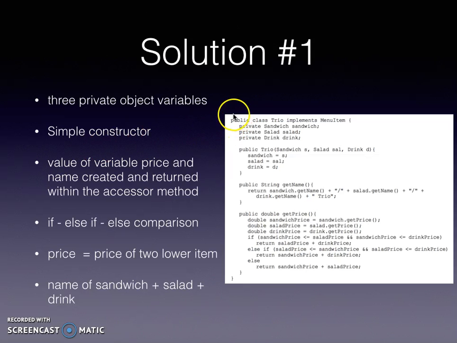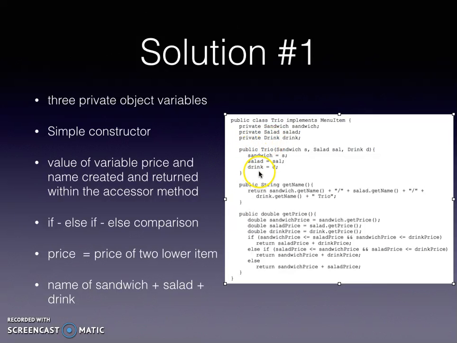The first line of code is given as public class Trio implements MenuItem, the interface name, and the class name is public. We can see the 3 private object variables: sandwich, salad, and drink, with no values shown, just declarations.